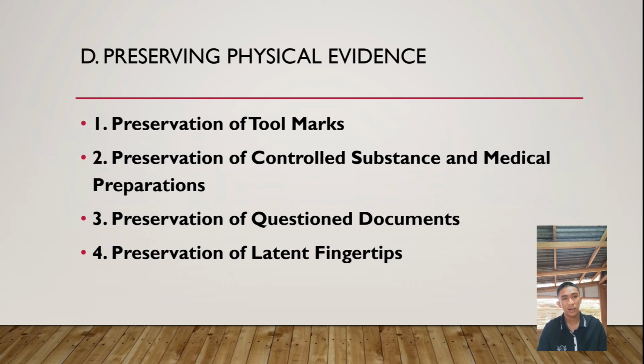These are the ways of preserving physical evidence. First one is preservation of tool marks. Whenever possible, submit the whole object containing the tool mark to the laboratory instead of just removing the area, to avoid contaminating the mark.